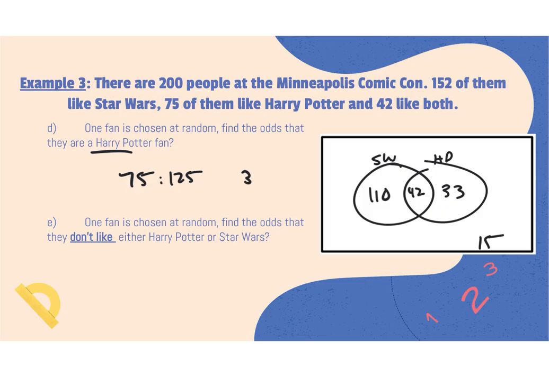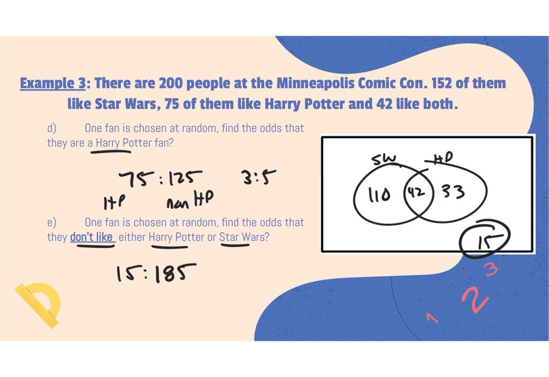Simplified, that's 3 to 5. You want Harry Potter, and then non-Harry Potter. If one fan is chosen at random, find the odds that they don't like either Harry Potter or Star Wars. Neither one is this 15 down here, and then you've got 185 other people that do. If I simplify that, that is 3 to 7.